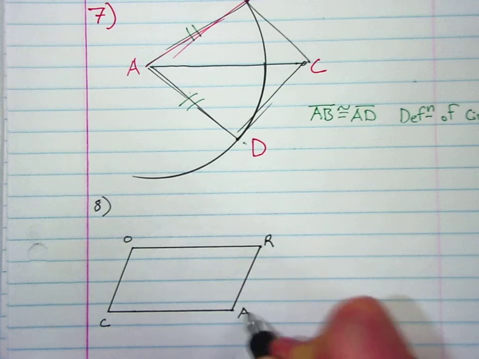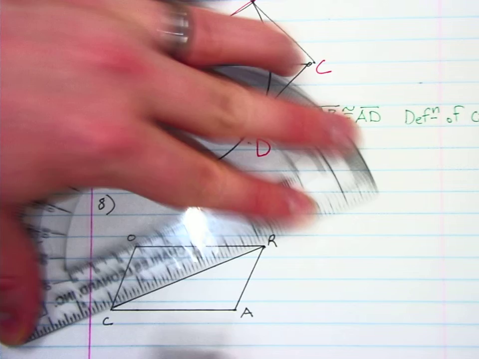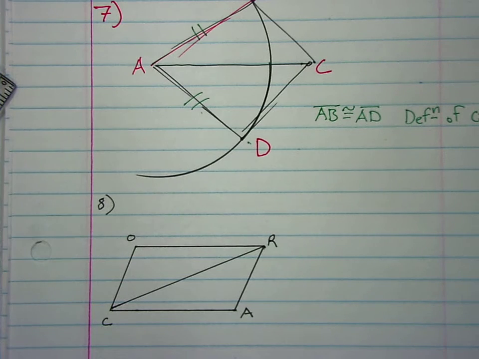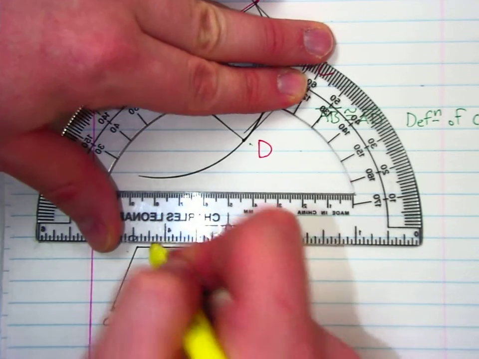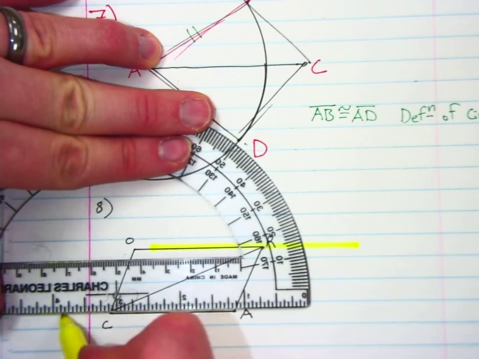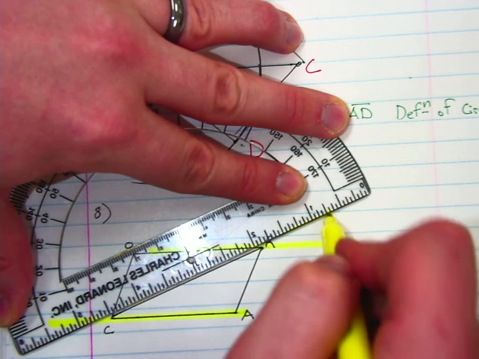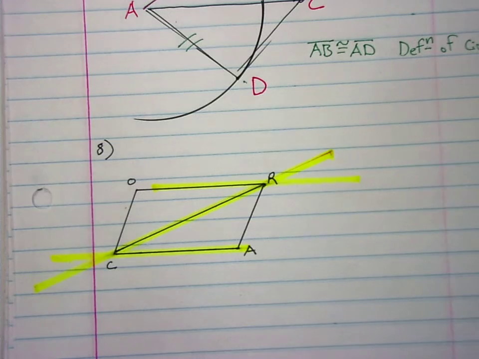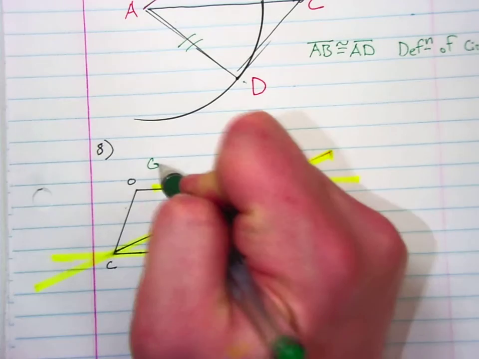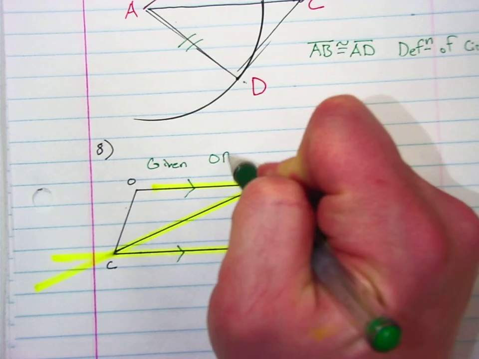This one throws people, you don't see it like this, but if I extend the lines, it seems to help. So I'm just going to extend the line. We did this a lot back in Geometry A. If I'm given that, so I need to be given more information. I need to be given that OR is parallel to CA. If I'm given that, well, I've got parallel lines now with the transversal.